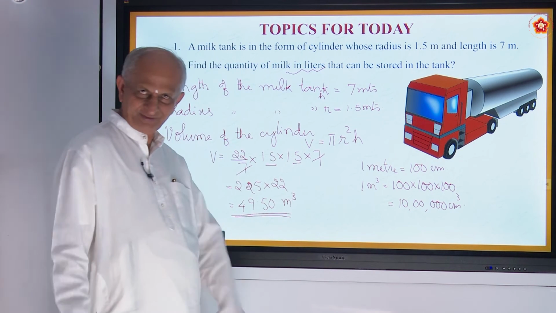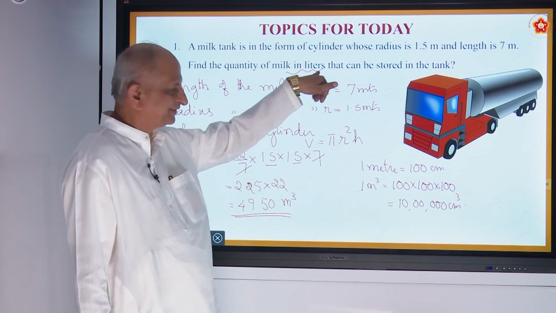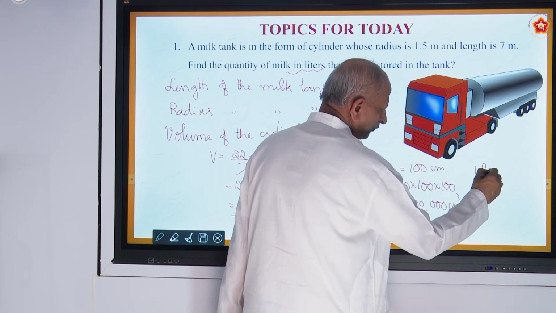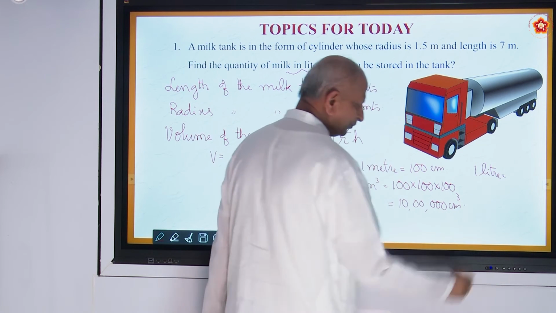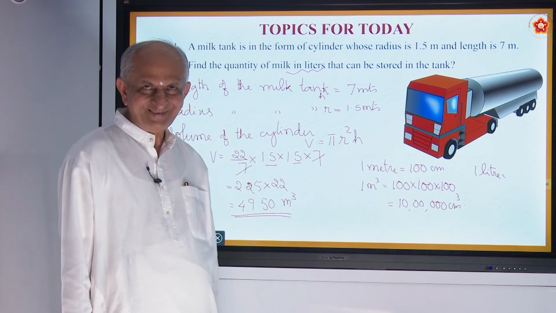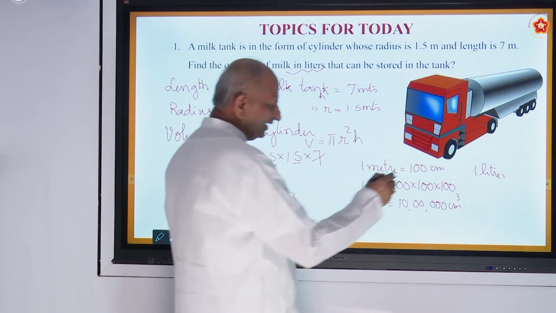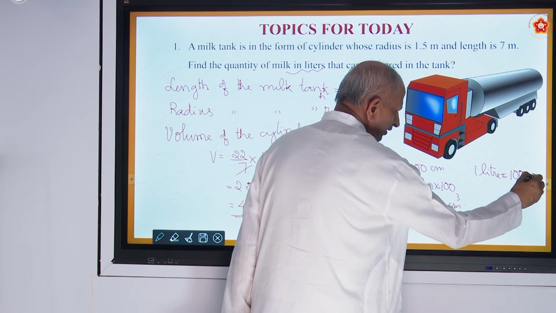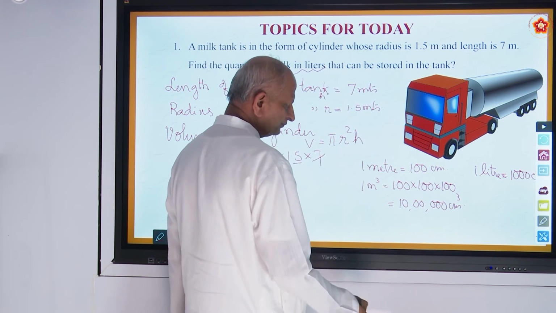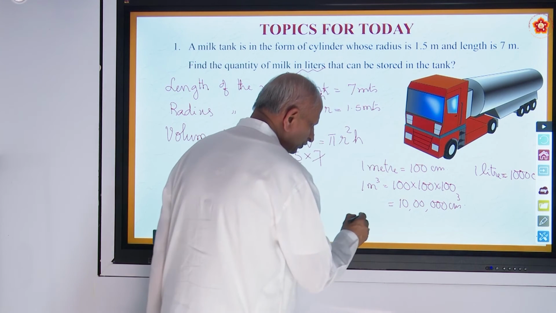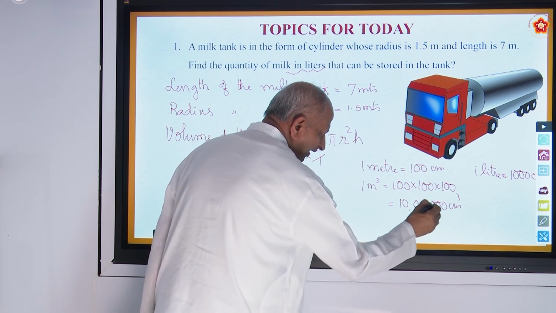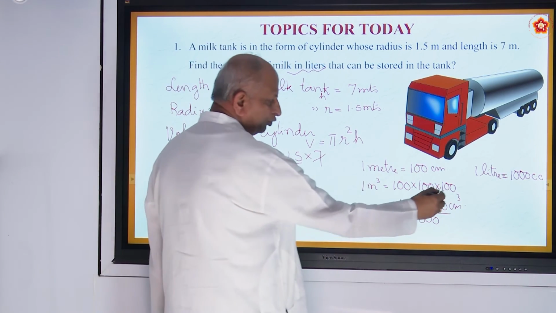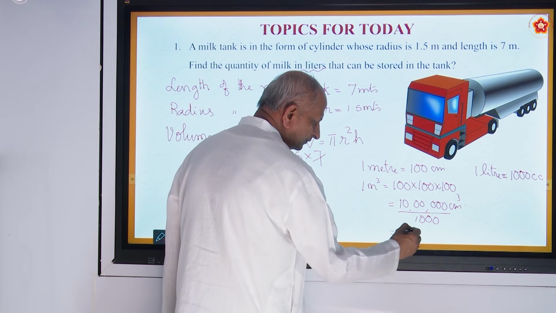You may ask what you are doing, because you have to find out in liters. What is 1 liter equal to? We know that. Of course, some of you may say, I don't know that. Now you know. Okay. 1 liter is equal to 1000 cc. Cc means cubic centimeters or ml. And suppose you want to write in liters, 10 lakh centimeter cube divided by 1000 becomes 1000 liters.